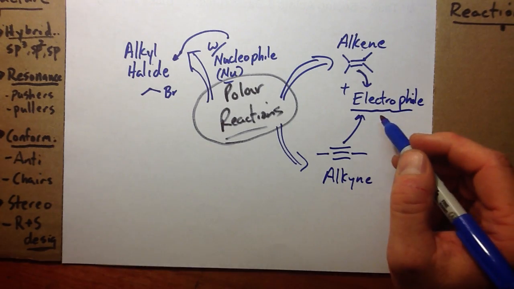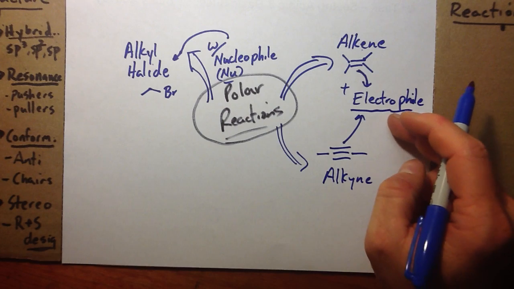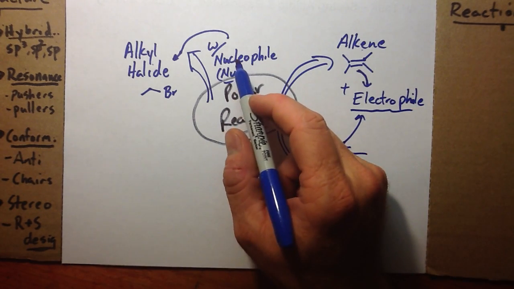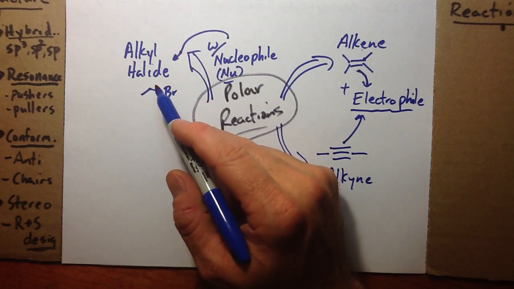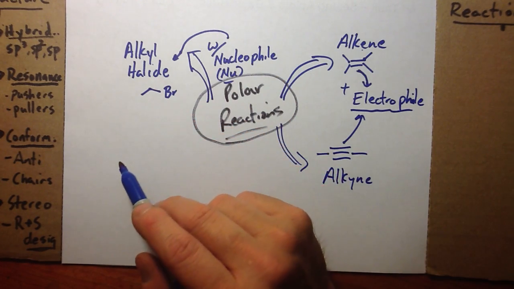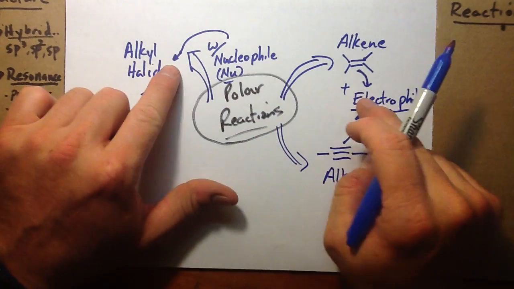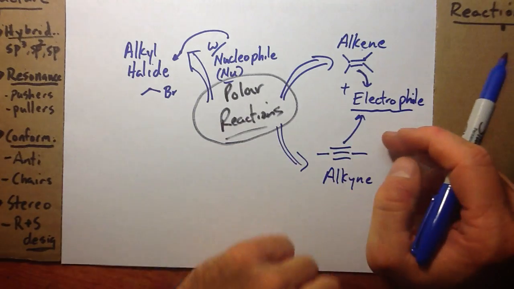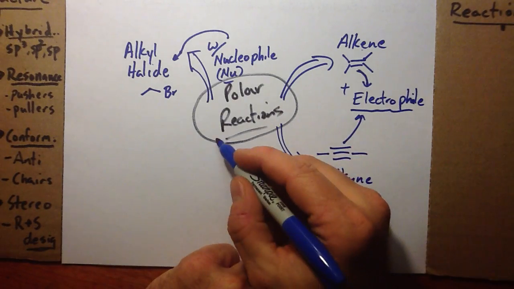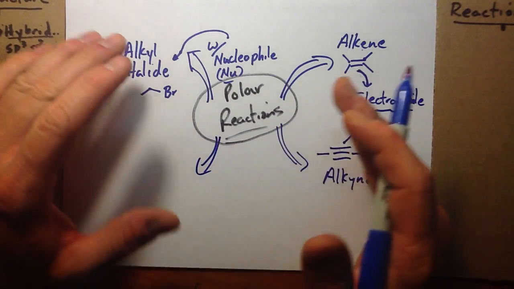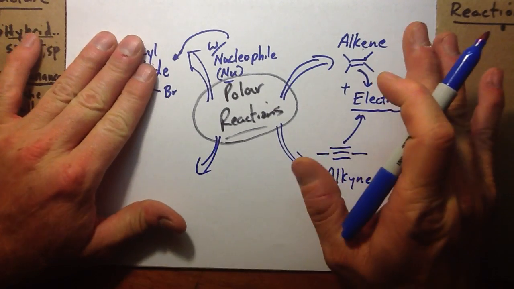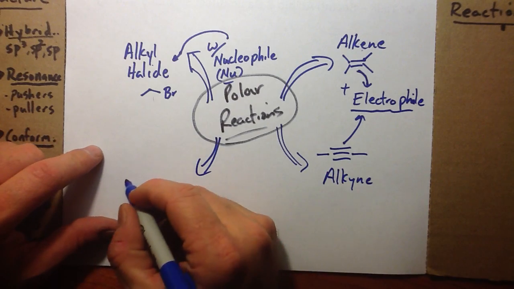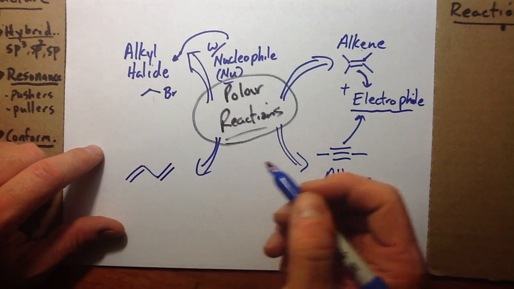What would that be then? That would be a positively charged species that's being attacked. Here, this is a nucleus lover, so it has to have a negative charge that goes and attacks a positive charge or partial positive charge. So these are sort of opposite directions. Reacting with nucleophiles, functional groups reacting with electrophiles. Last, of the 12 presentations, we'll have 4 here, 3 here, 2 here, and the last 3 presentations will focus on dienes.